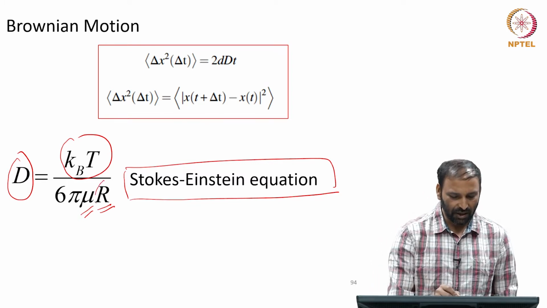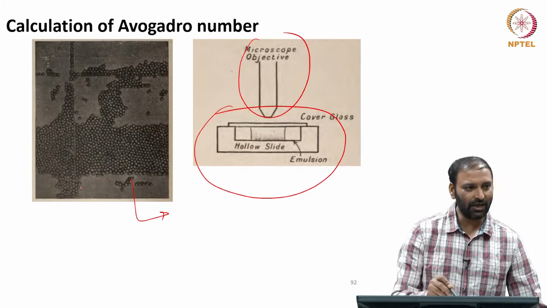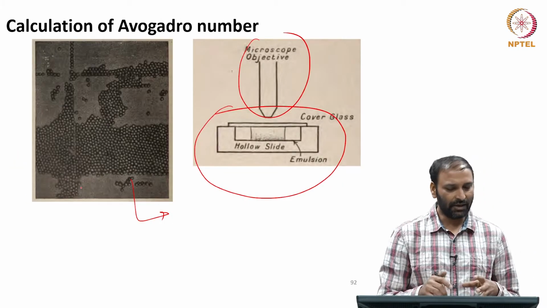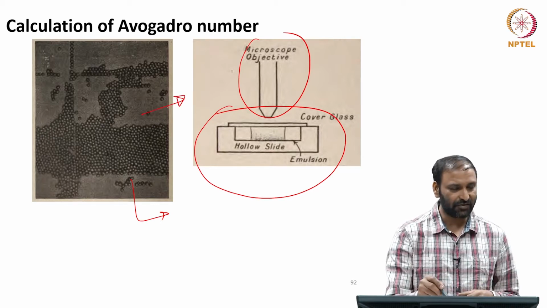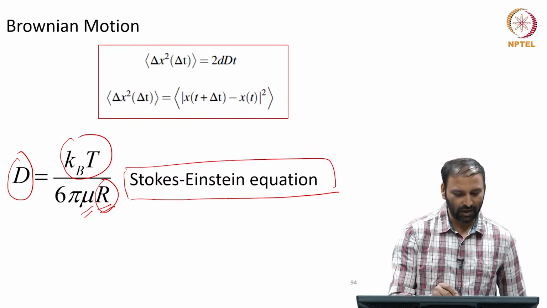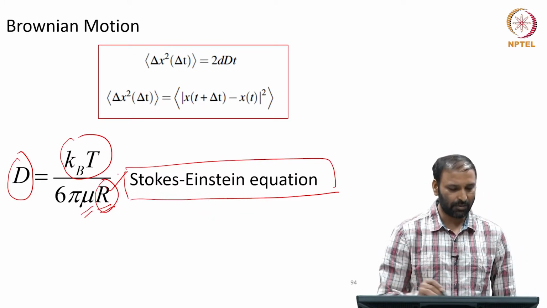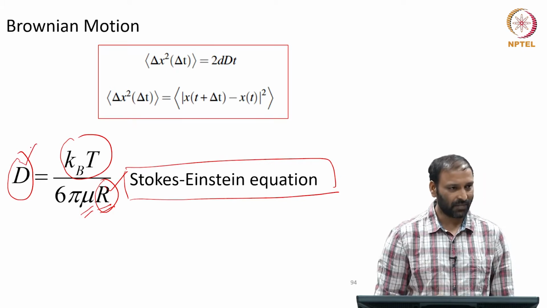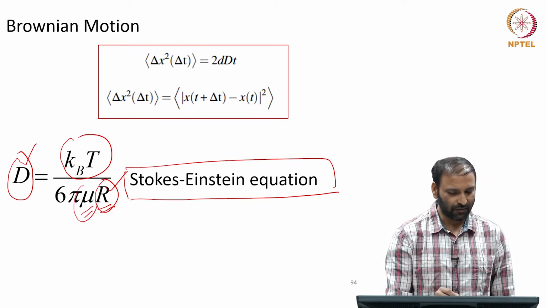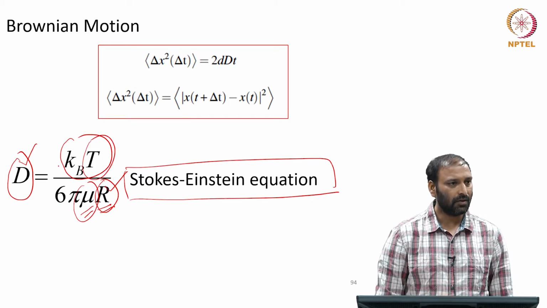He knew what R is, because he had microscopy observations of his particles themselves. Therefore the value of R is known, and from these Brownian motion experiments he was able to calculate D.